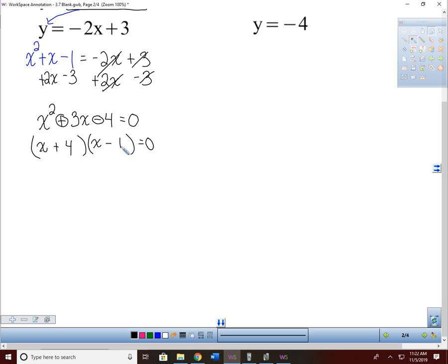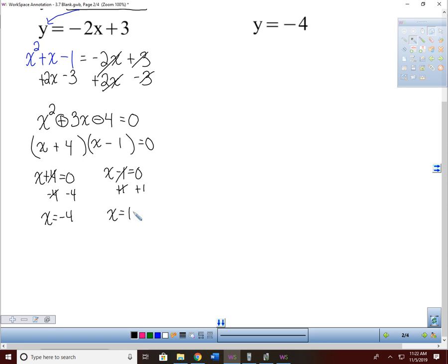So 4 will go here, 1 will go here, and then I just set those equal to 0 and solve for x. I subtract 4. 0 minus 4 is negative 4. Over here I will add 1. So I get x is equal to 1.